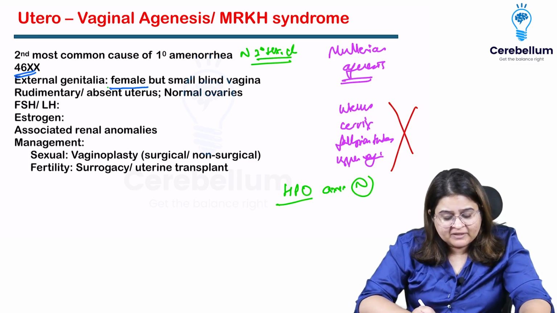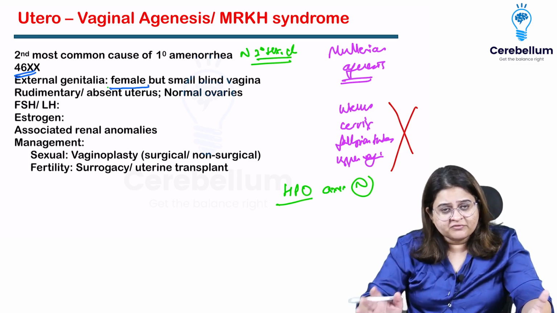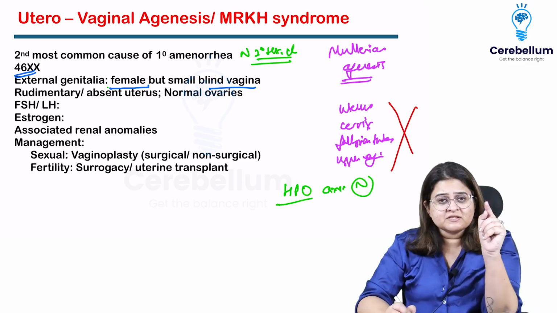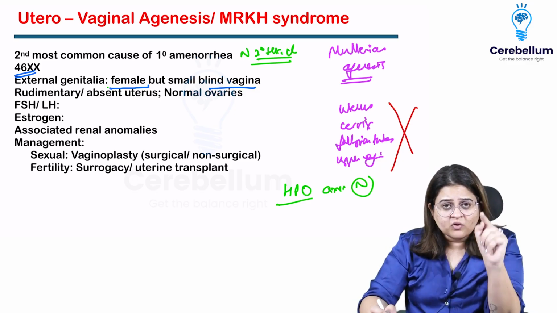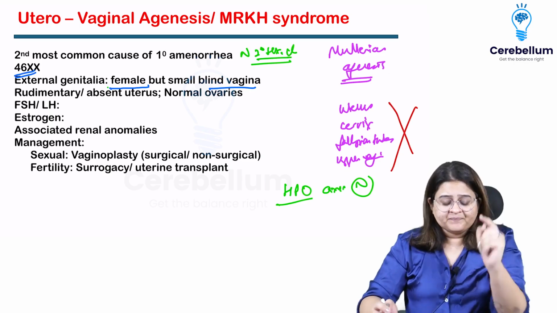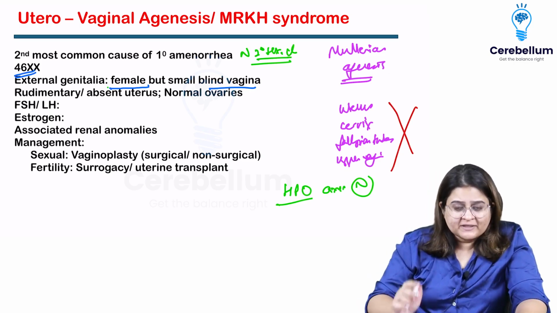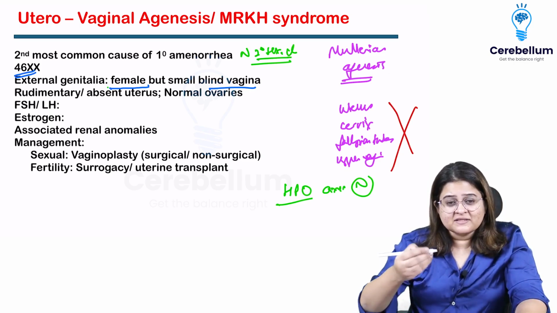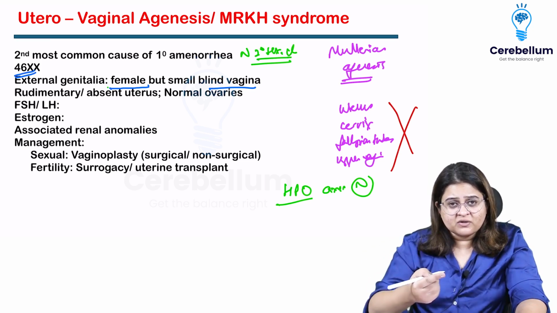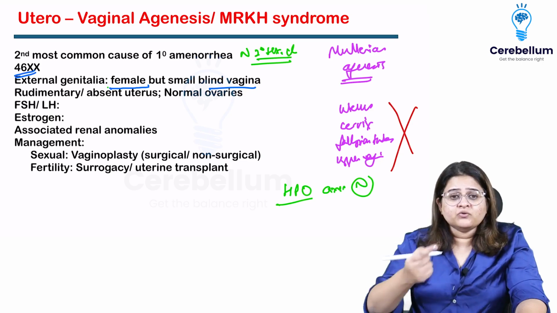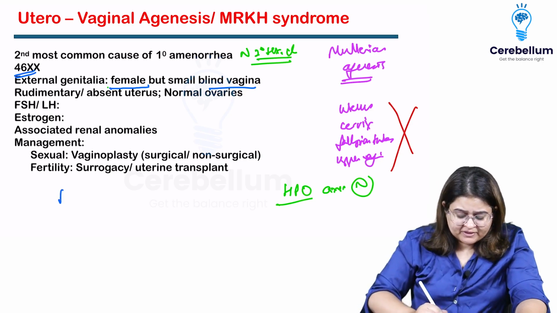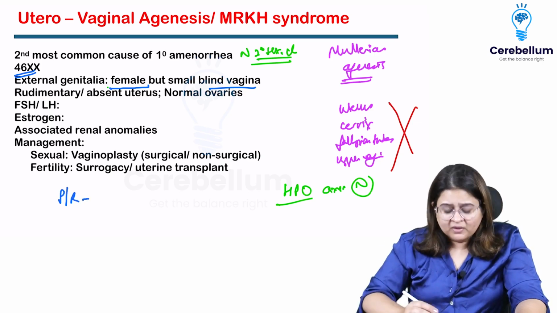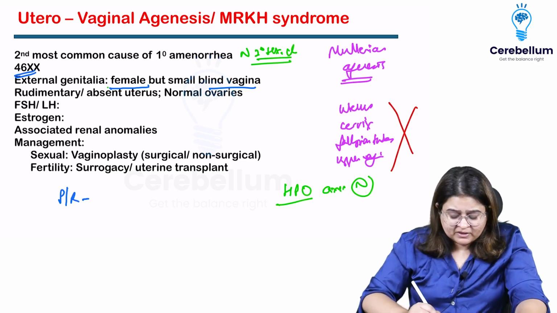She appears female. Even her external genitalia is going to be female. But the vagina, since the lower part has formed, is going to be a small vagina which could be blind. When you try to do an examination, in these girls it's very difficult. The vagina is not there or very small. How do you know if a uterus is there? So we usually do a per rectal examination if they allow. It could be quite uncomfortable, and you look for the presence of a uterus anteriorly.